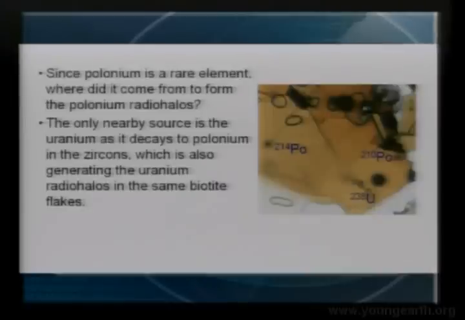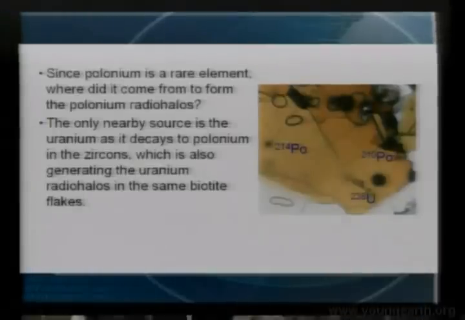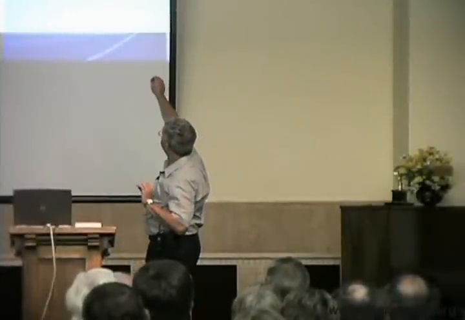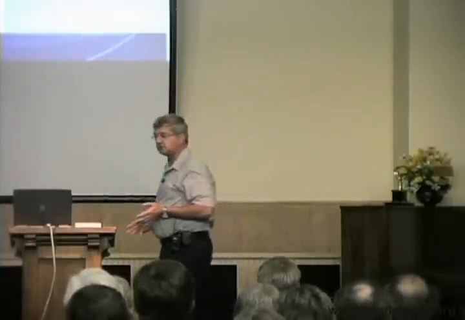So it's quite logical. The uranium is going to decay down to polonium before it gets to lead. What if some of that polonium was siphoned off or transported away from the zircon crystal to another location in the same biotite flake where it concentrated and then produced the polonium radiohalo? That makes a lot of sense.